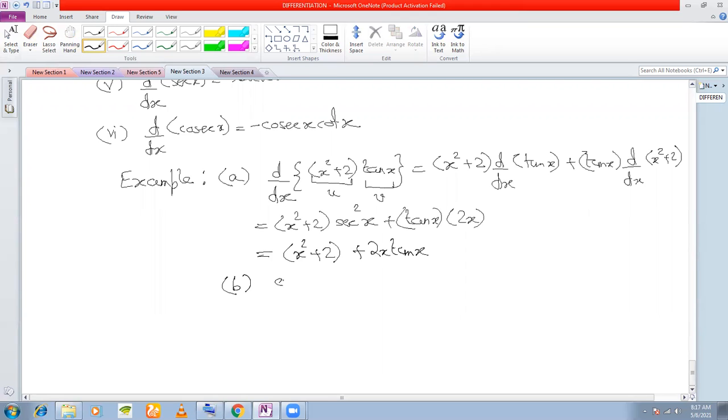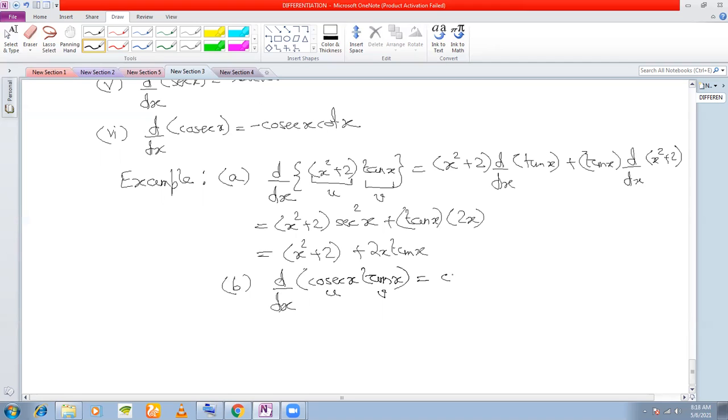Let us take another differentiation. Let us take d/dx of sin x into tan x. Or let's take a reciprocal one: cosec x into tan x. How do you differentiate this? Again, u into v rule. Consider this as your u, this as your v.